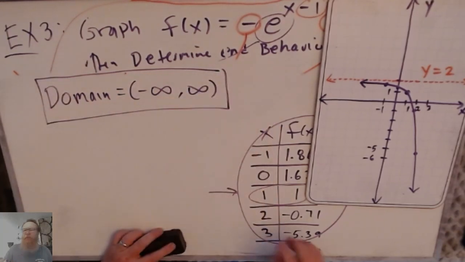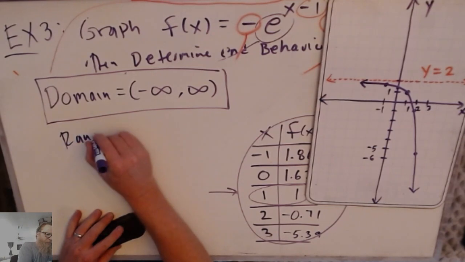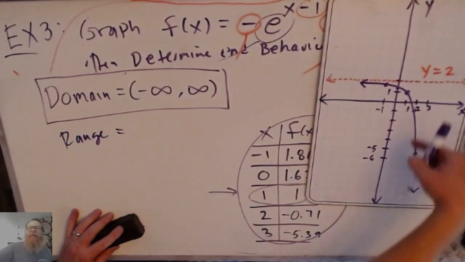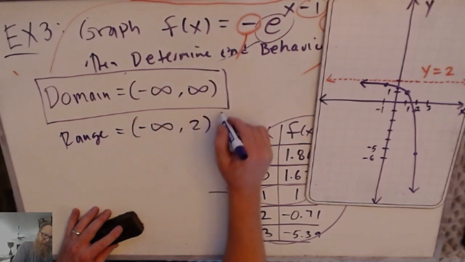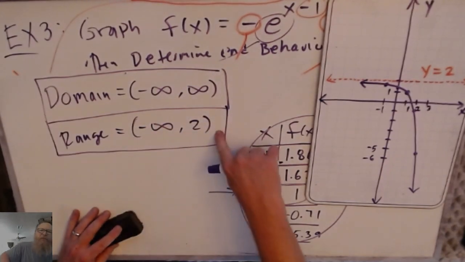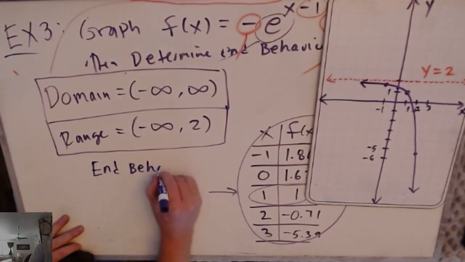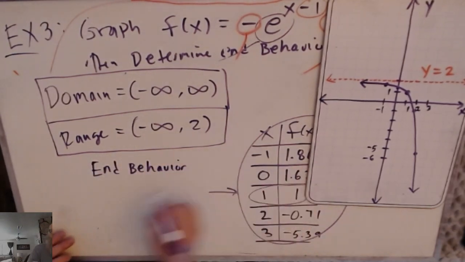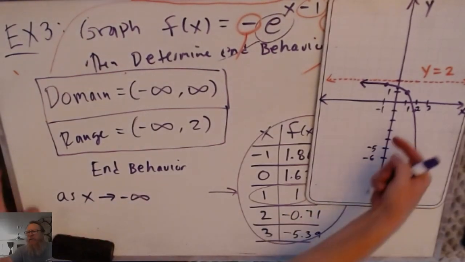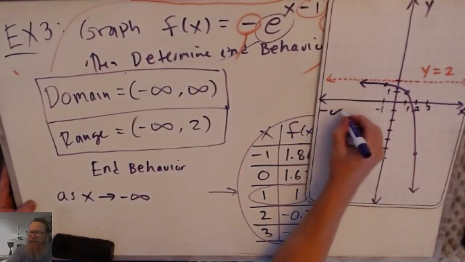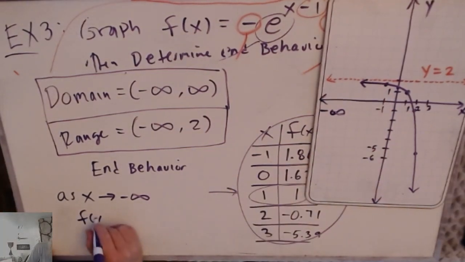Just before we put this to rest, domain is all real numbers, negative infinity to infinity. Range, look at the graph. Everybody is below 2, so negative infinity to 2, but not touching 2. 2 is open. And then the end behavior, just look at the graph. Look at the left arrow. As x goes to negative infinity, what's happening to f of x?